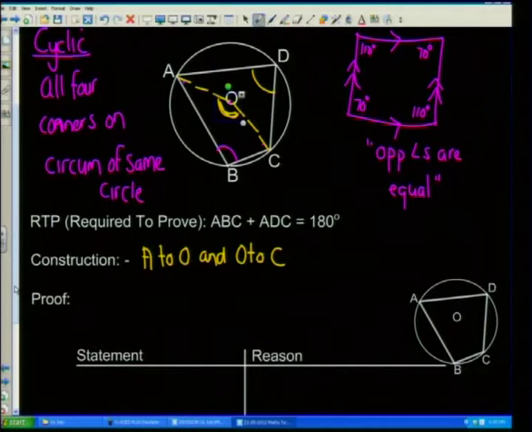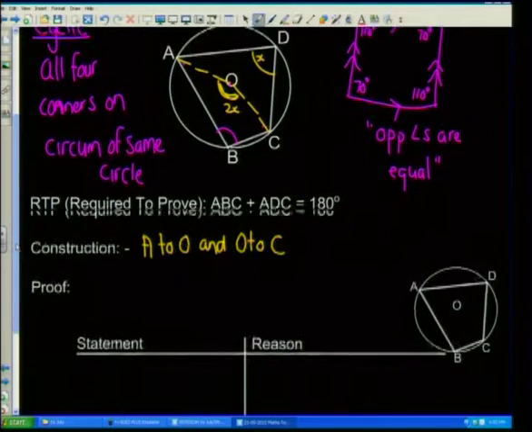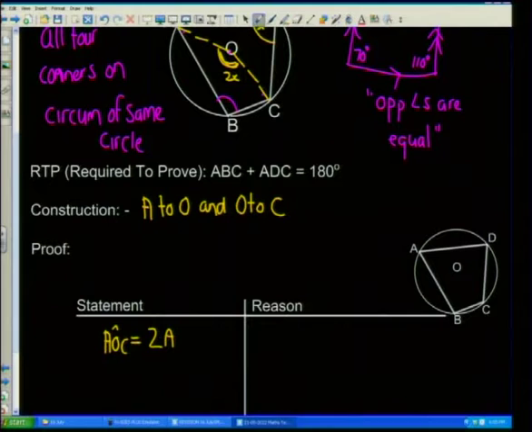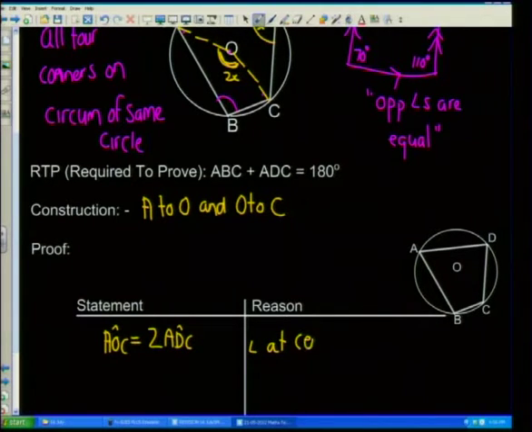Can you see that AOC is going to, let's say, be 2x, and ADC is going to be x. Why? Because of that body of theory that we had from previously, Theorem 2. So we are going to say that AOC is double ADC, and that's because of angle at center twice angle at circumference.